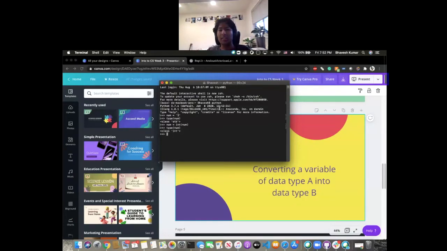Now, a lot of the times when you're casting integers into floats or floats into integers or casting data type A into data type B, you're bound to lose some information.